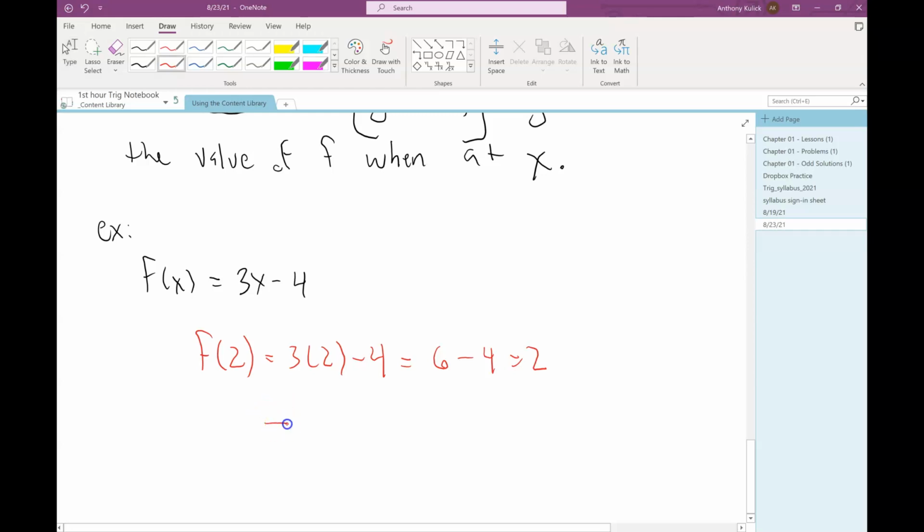So this implies that the coordinate (2, 2) is a point on the function f of x equals 3x minus 4.